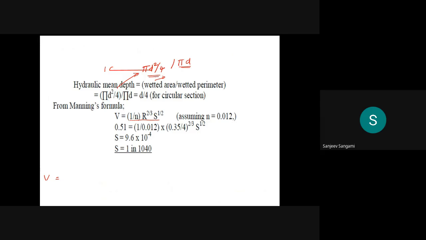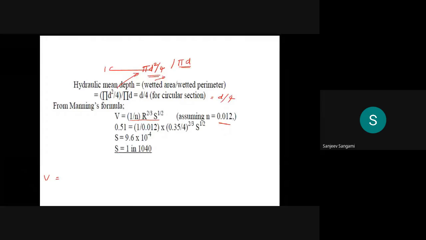So we got d divided by 4. Once you got r, we have to assume n, the Manning's constant. Then the slope we have to find, because he asked us to calculate slope.